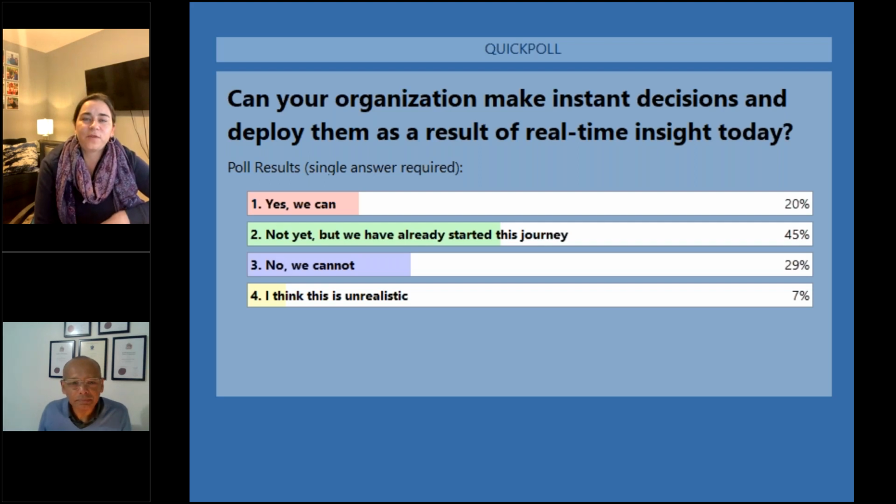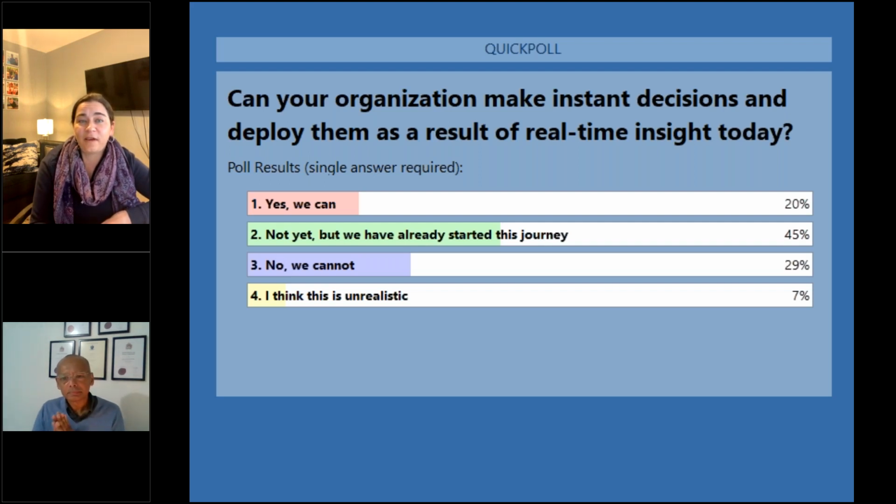Yeah, so I actually find the results encouraging, because if I think of all but 7%, it seems to me that there's a shared thought that it's important that we need to be able to do that. And I absolutely love that close to half are on the journey already.